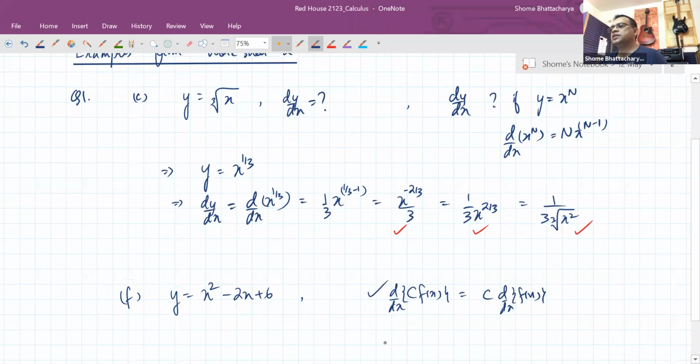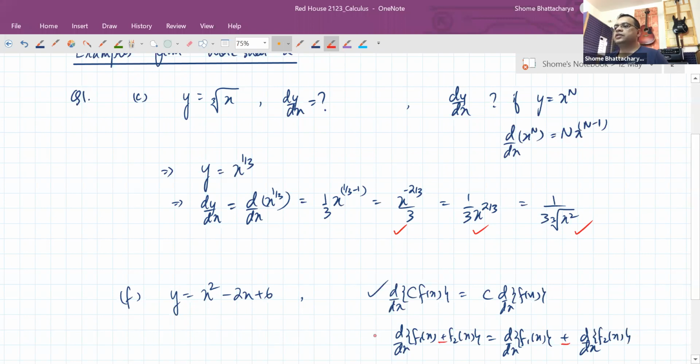And the second property is like a distributive property, that differentiation of the sum of two functions is equal to the sum of their differentiations. And for that matter, this could have been the difference of the two functions also. Then it becomes the difference of their differentiations.